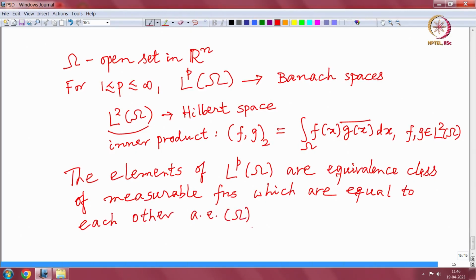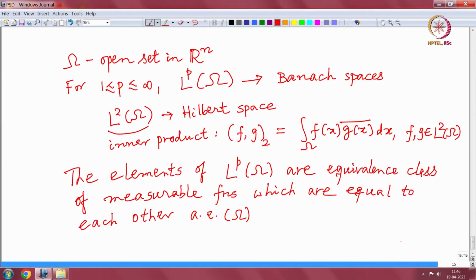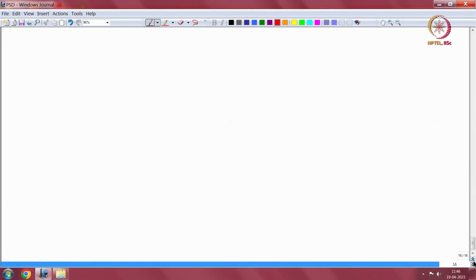As such we should be careful when we write equality of two measurable functions, but as far as integration is concerned, there is no problem at all. And such an equivalence class may contain a continuous function.